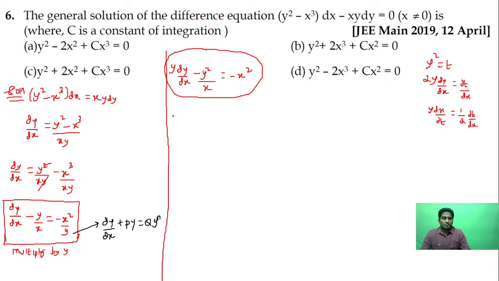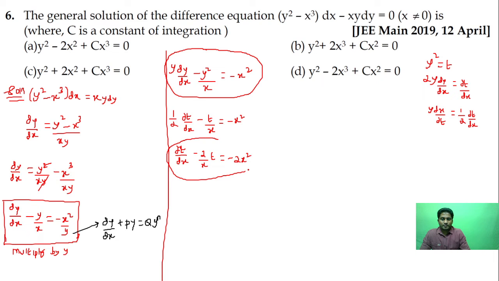So this is minus t by x is equal to minus x square. If you cross multiply, you get dt by dx minus 2 by x into t is equal to minus 2x square.